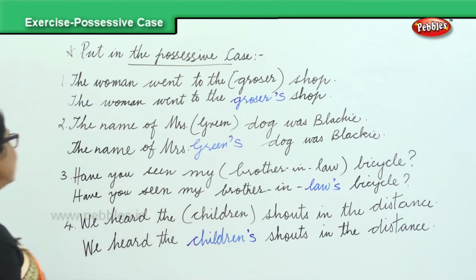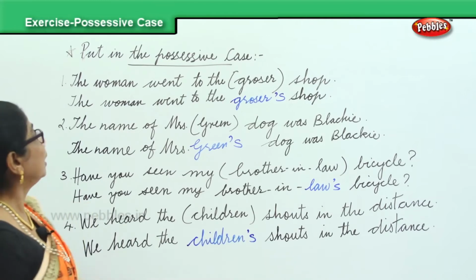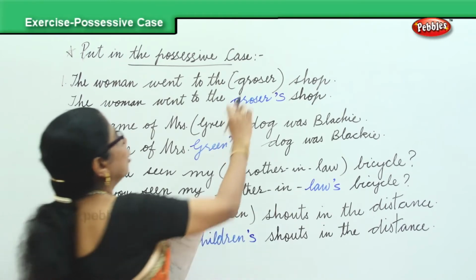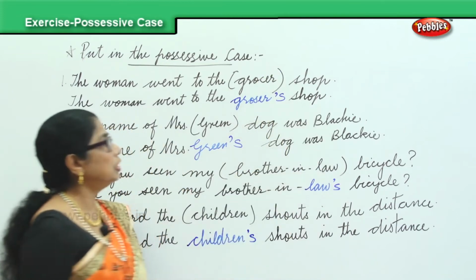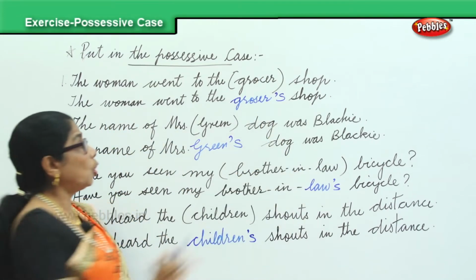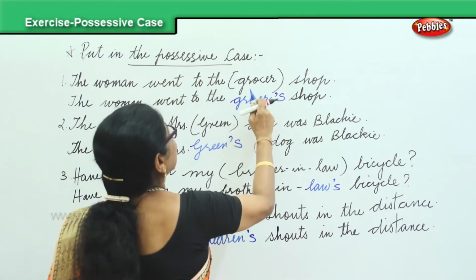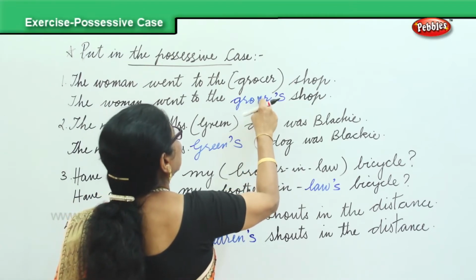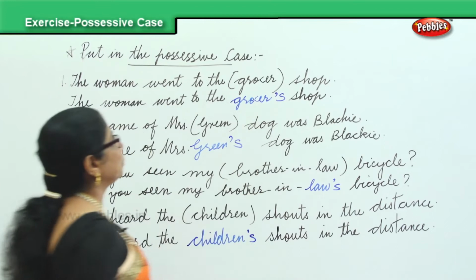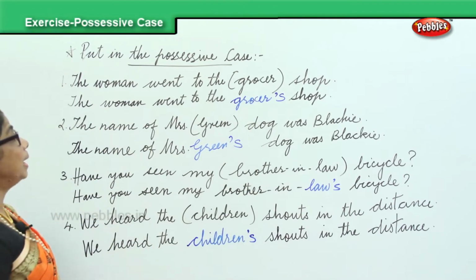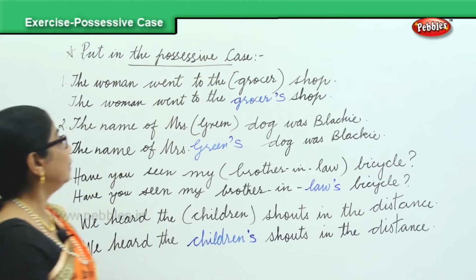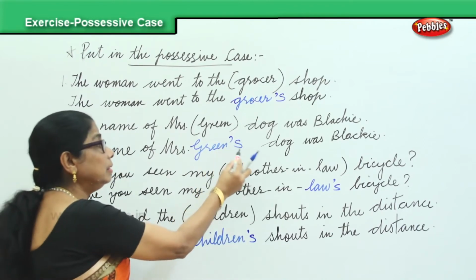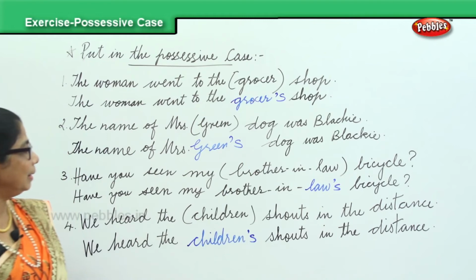Let's read the sentence together. The woman went to the grocer's shop. The name of Mrs. Green's dog was Blackie.